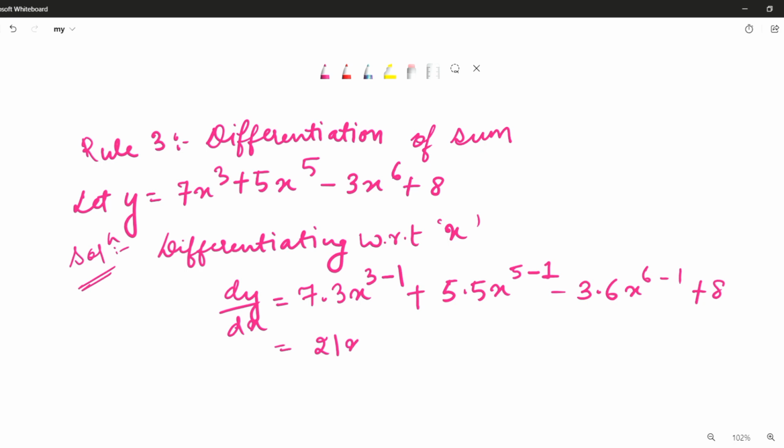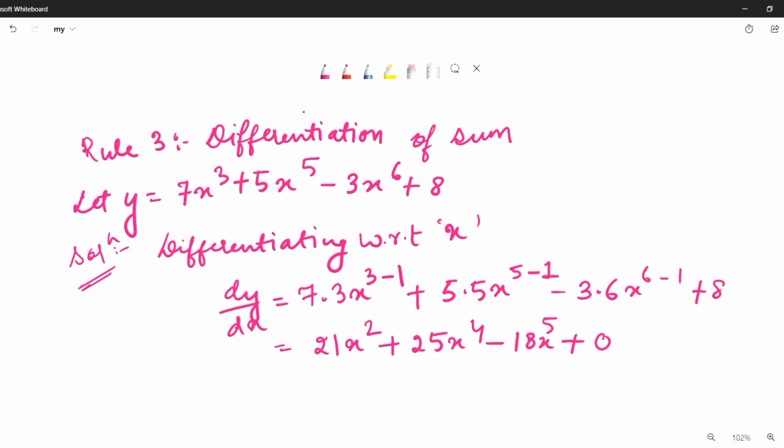So 7 into 3 is 21x square plus 25x to the power 5 minus 1 is 4, minus 18x to the power 5, plus 0. This way we do the differentiation of sum.